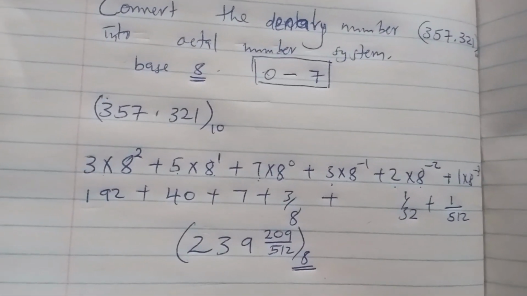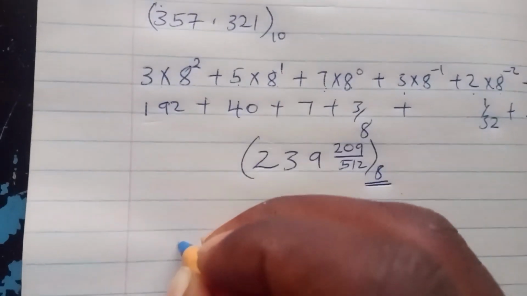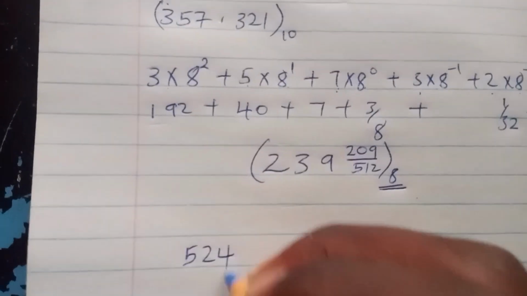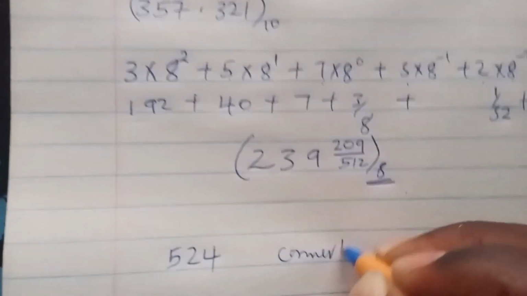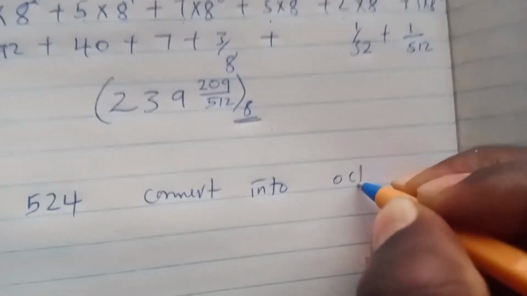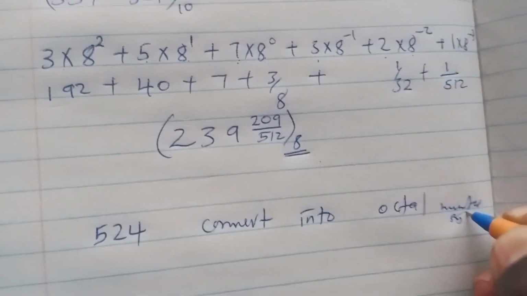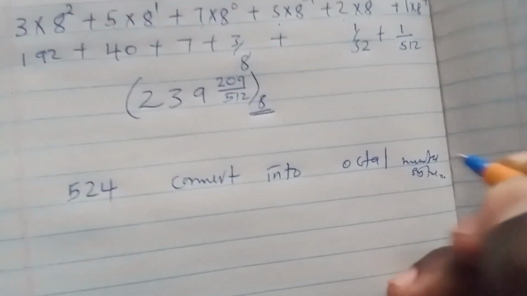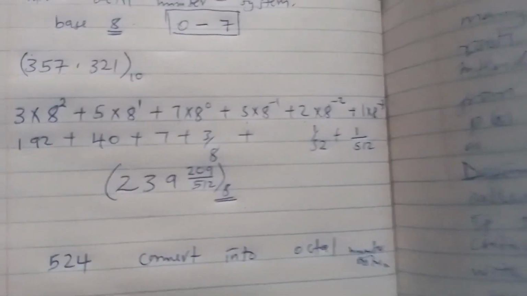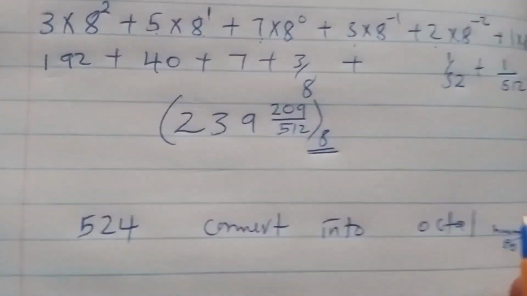Similarly, if you are given another number like 524, and you are told to convert it into the octal number system, remember there is no decimal point, so you can just approach another method.